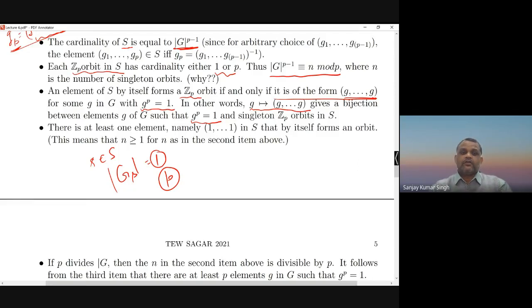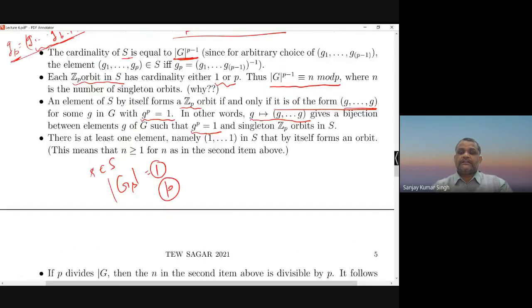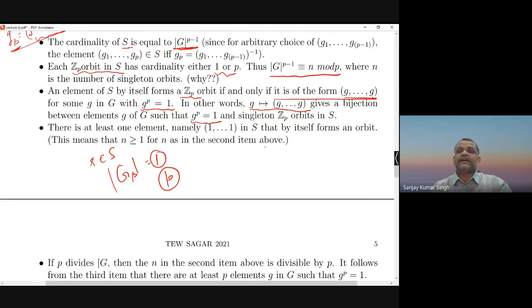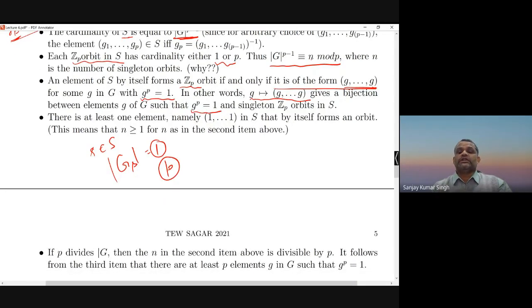And now it is easy to check that n is always at least 1. Why? Because e satisfies this condition. So the orbit of e is a singleton because e^p is 1. So n is always greater than or equal to 1. And now I know p divides the size of S, and p divides the difference of this.